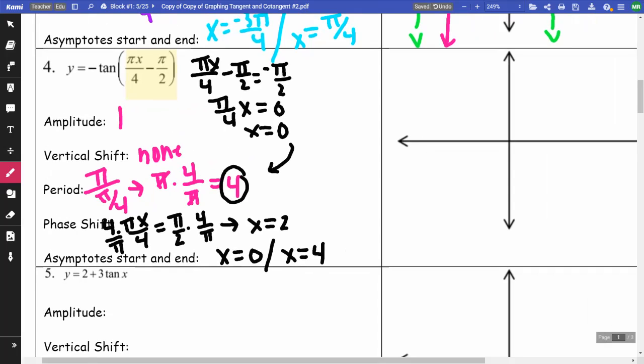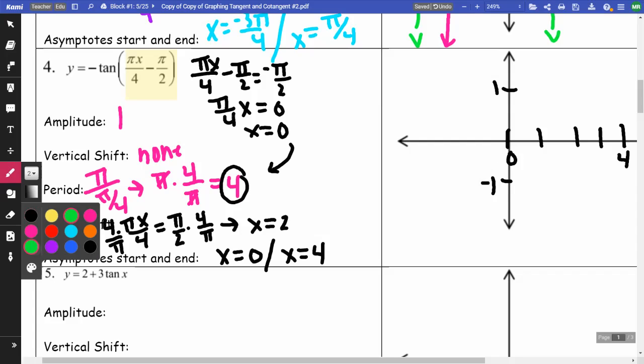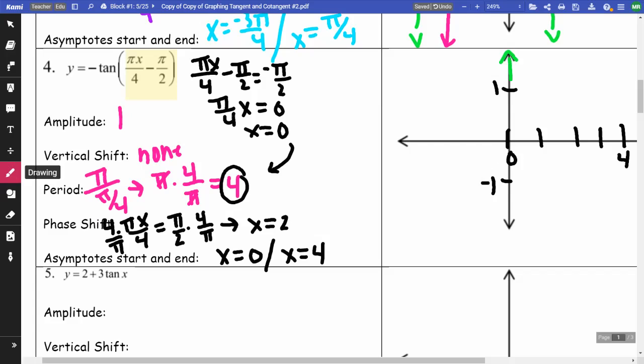So I'm going to be 0, and then that's 1, 2, 3, 4, 5. And so that's 4. This is 0. I'm going to be going 1 above and 1 below. And so my asymptotes, I have 1 here at x equals 0.